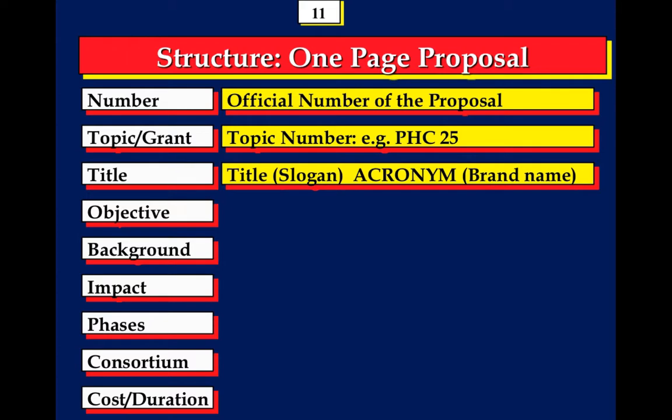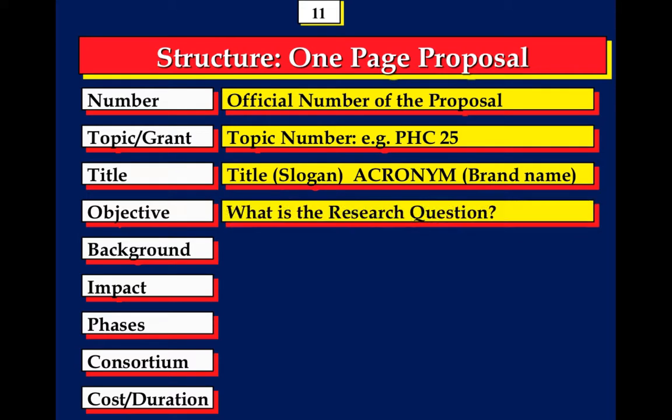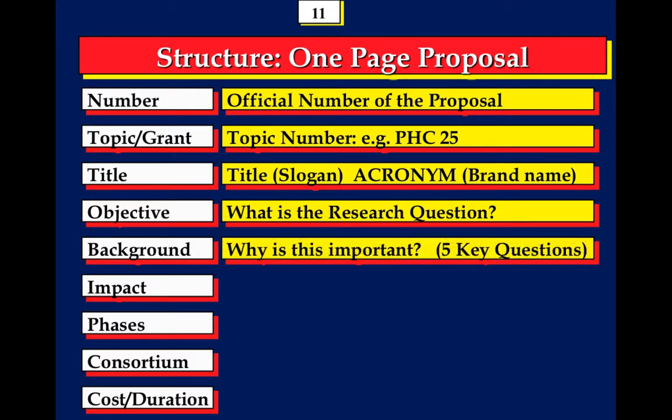Now, I want to give you some tips on this. The next slide is really important. It's: what is the research question? And I want to tell you what I want to see in here. Next, this could be one or two slides at the beginning, it's about addressing the five key questions that I described in the course.